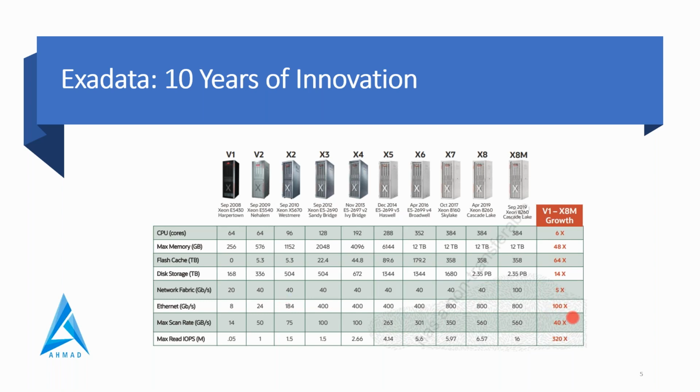If you look at the Ethernet, it is 100 times faster, and maximum read is 320 times faster. That's why the performance boost is 25 to 50% in the X8M machine. Okay.